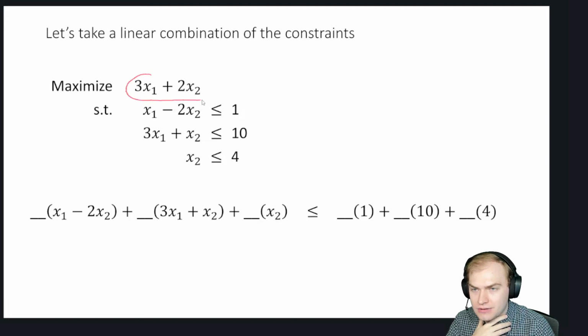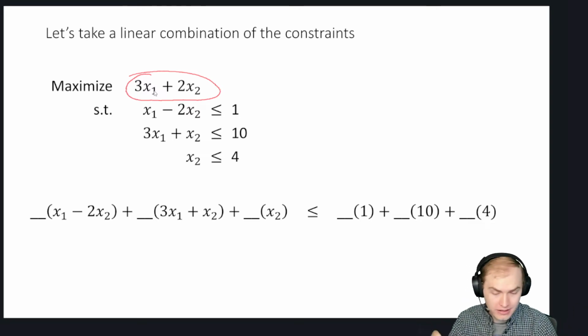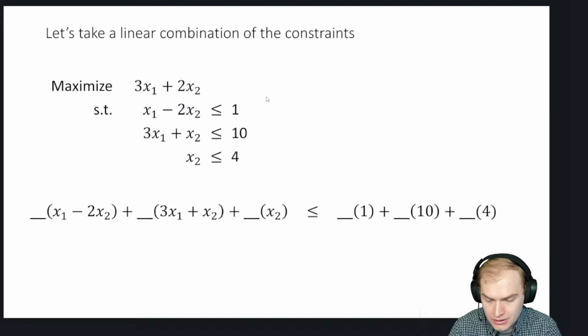Our constraints are linear combinations of x1 and x2. In our case, what we're about to do, the variables are the constraints themselves.